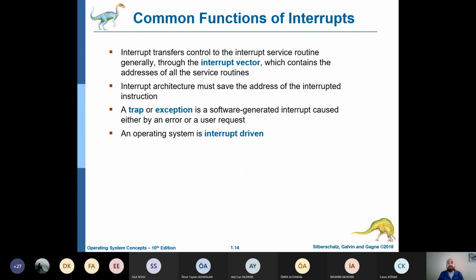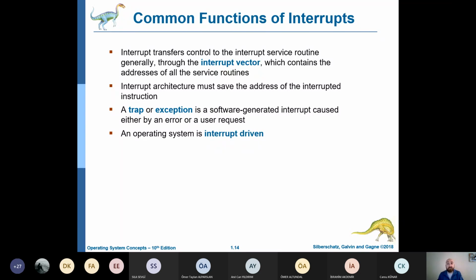Each computer design has its own interrupt mechanism, but several functions are common. The interrupts must transfer control to the appropriate interrupt service routine.